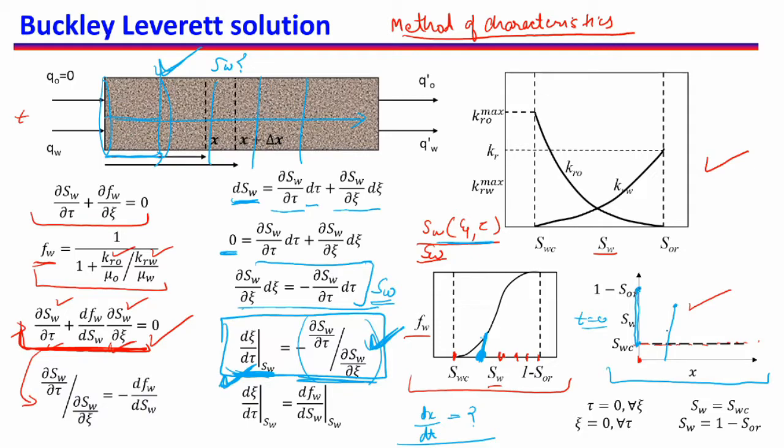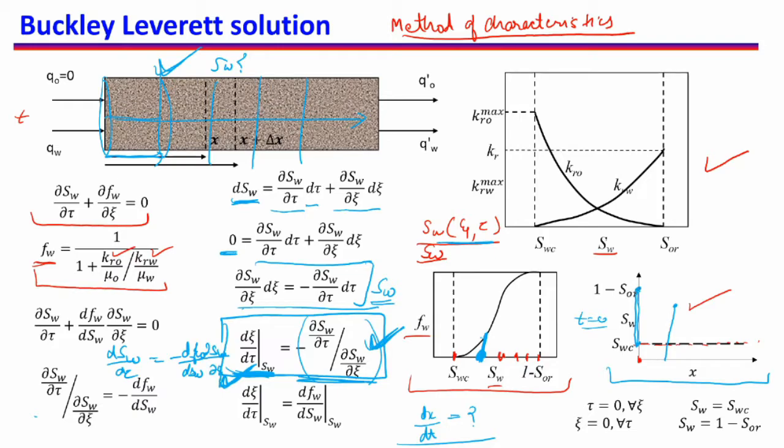So that means we are following a particular saturation. And now if we look at the modifications that I have made to the Buckley-Leverett equation, dSw by d tau is equal to minus dfw by dSw del Sw by del xi.